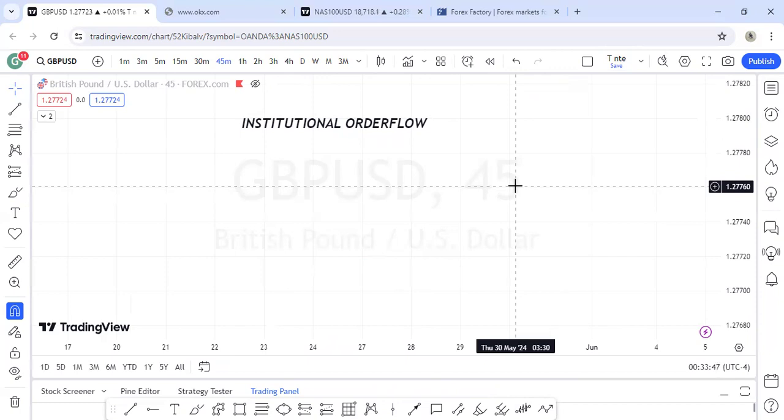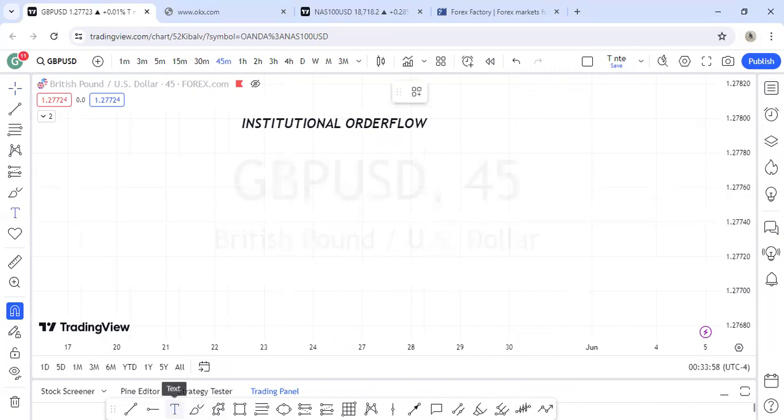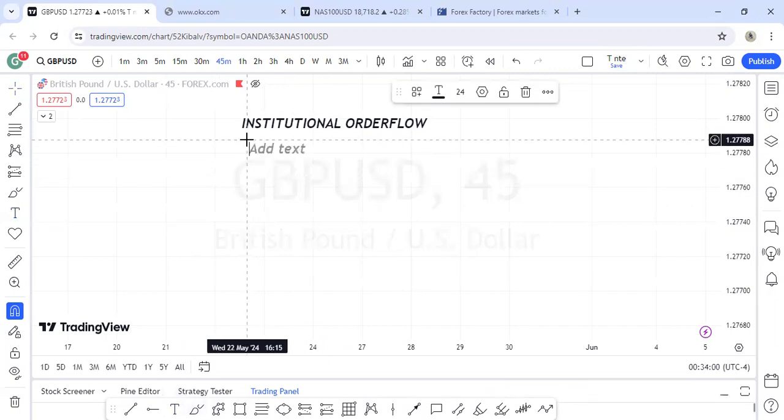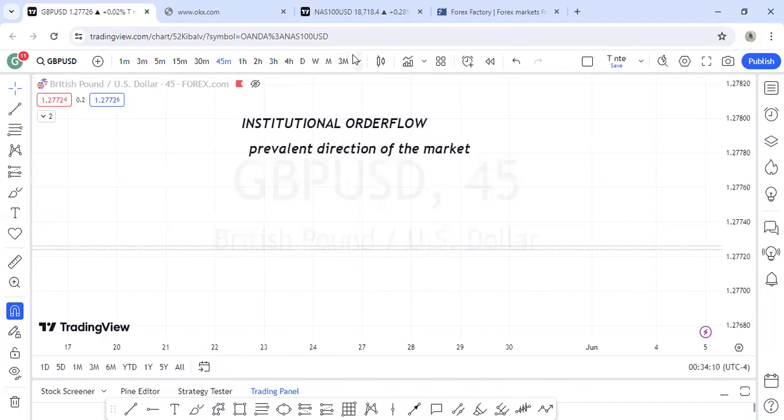But it's something that many people don't quite understand. Institutional order flow simply refers to the prevalent direction of the market. What side is the market prevalent towards? What direction is the market prevalently going to?